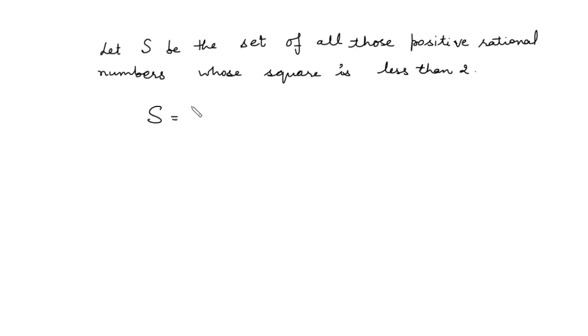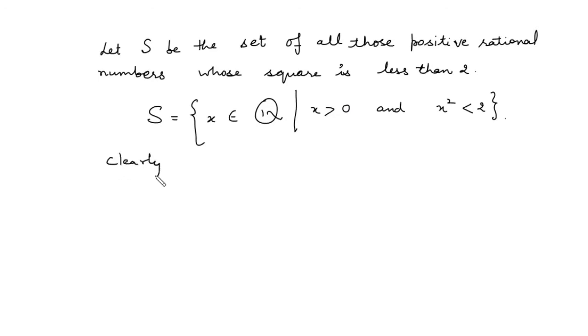Means we took S as the set of all rational numbers which are greater than 0 and whose square is less than 2. Now clearly S is non-empty. Why? Because 1 belongs to S: 1 is greater than 0 and 1 squared is less than 2. So we have a rational number 1 belonging to this set S. So clearly this set is non-empty. This point is clear.